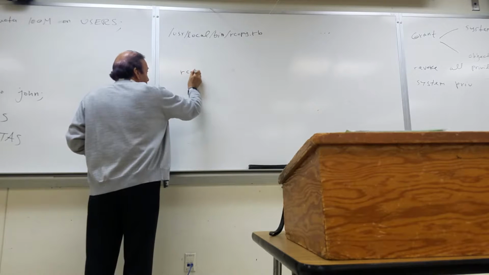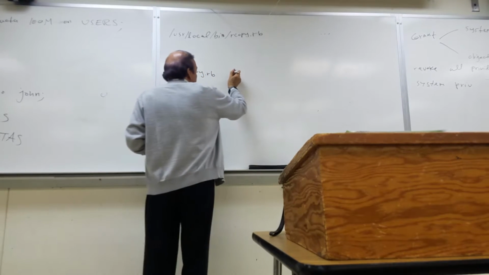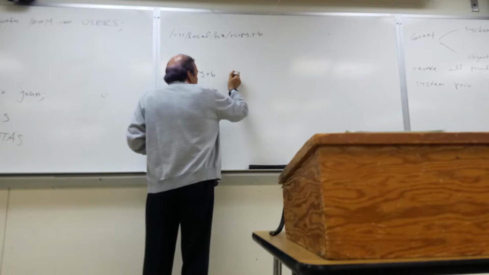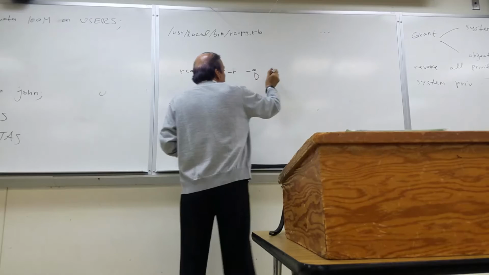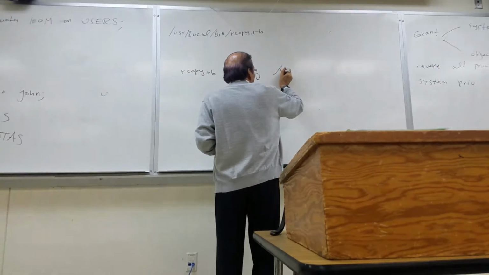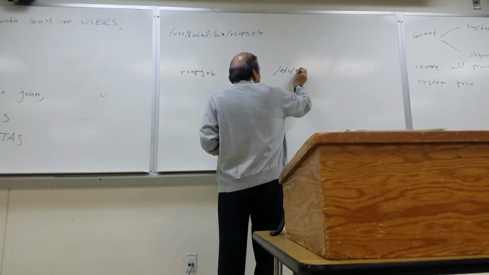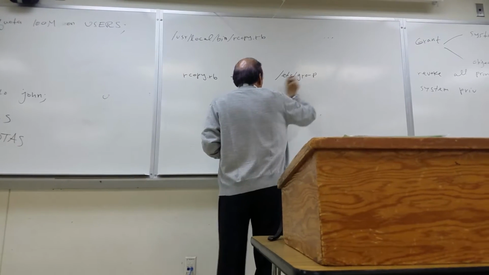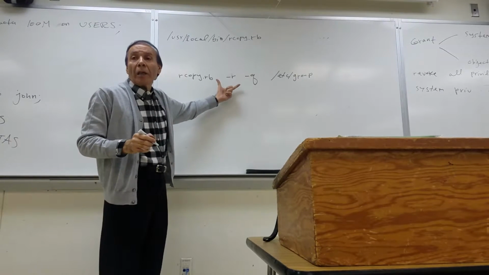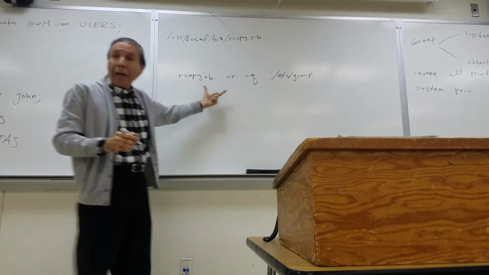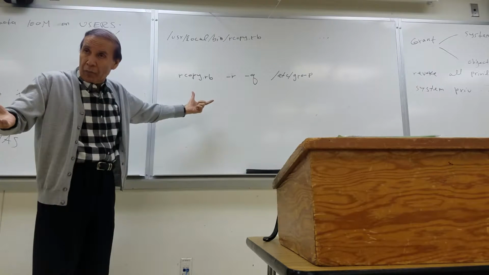rcopy.rb followed by dash R, followed by dash Q, followed by etc. This is a command that you need to use in your shell script, and in your Java if you are using Java, okay?